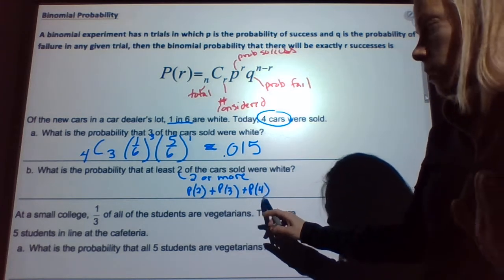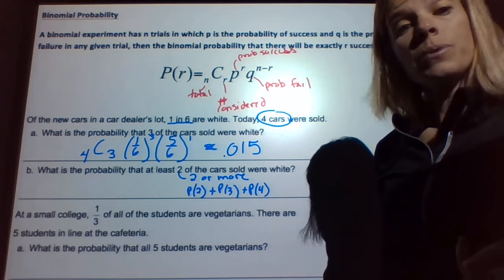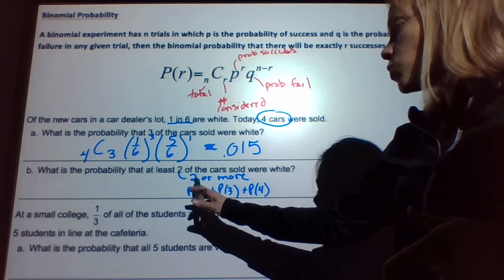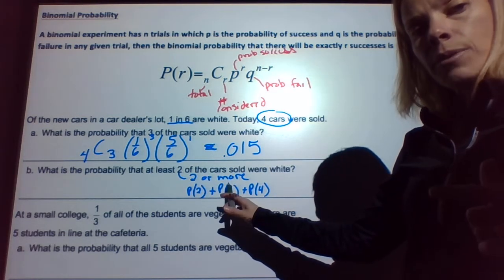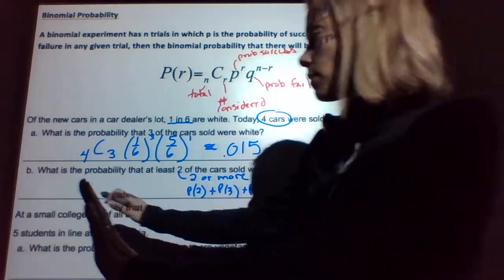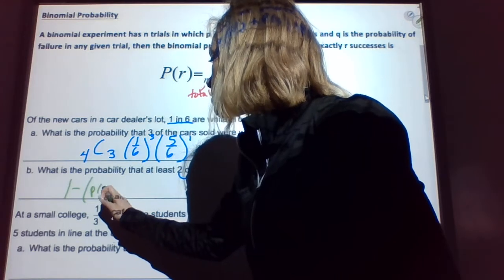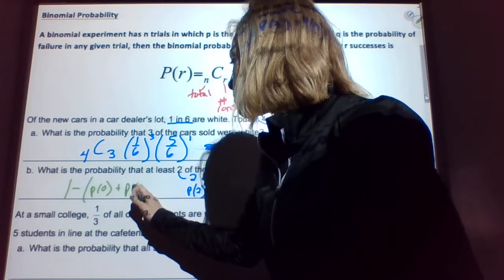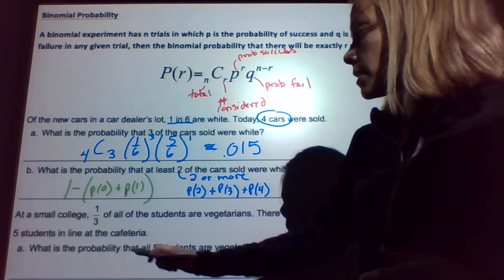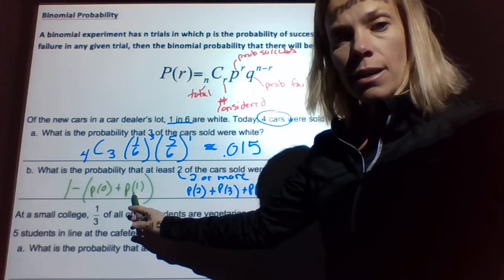Now before we do that, I want to take a second and go over this again. What's the complement of at least 2? If at least 2 means 2 or more, the complement of that is less than 2. So I could solve this by the complement: 1 minus the probability of 0 or 1. In this case, it'd be the same amount of work. If I did the complement, I have to calculate 2 probabilities and add them together.